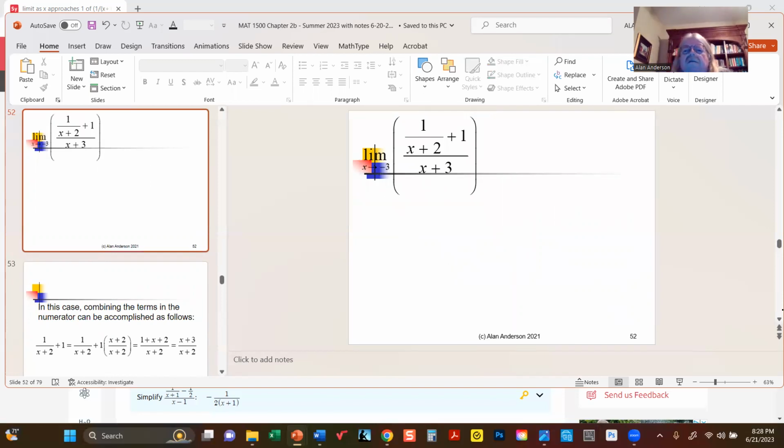So here's my idea. For the numerator, let's rewrite one as x plus 2 over x plus 2. Oh, this one won't be too bad, because all you're going to have then is 1 plus x plus 2 over x plus 2.